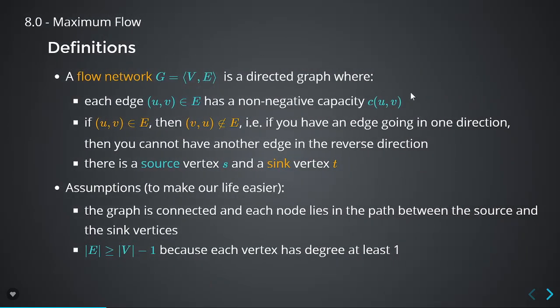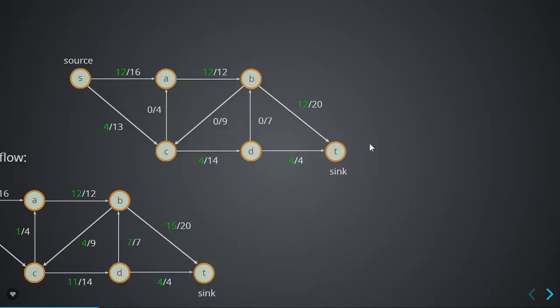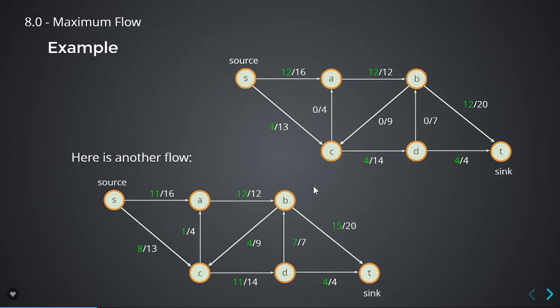And the properties that it has to satisfy are, well, every single edge will have a non-negative capacity. And also, if you have an edge going in one direction, then you can't have another edge going in the other direction. You see that happening here. If you can go from A to B, then you're not allowed to have an edge going from B to A. That's just the rule that we have to make this problem simple.